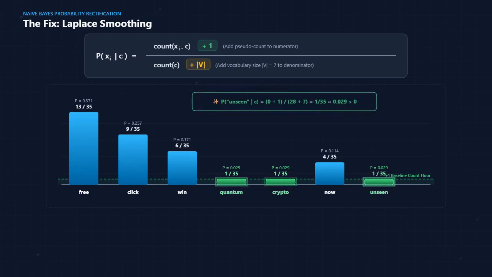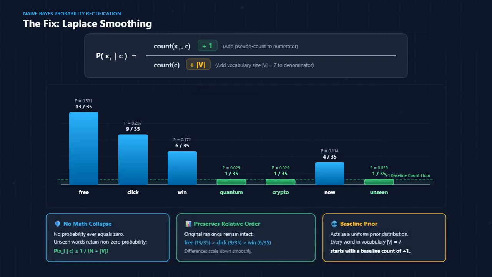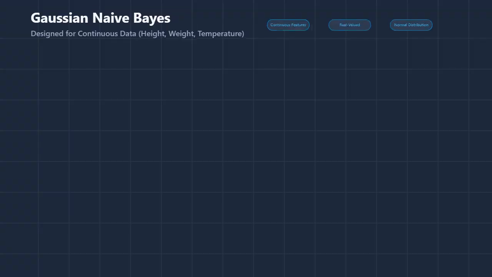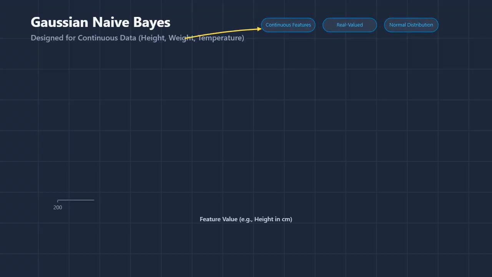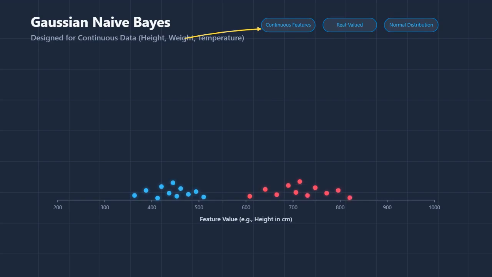This simple adjustment ensures that no probability ever becomes exactly 0, even for completely unseen words. Visually, it's like giving every possible word a tiny baseline count, preventing the math from collapsing while preserving the relative differences between known words.